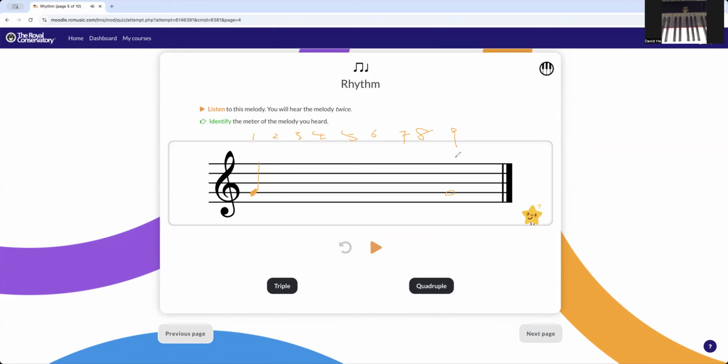So at least the first one and the last one are the same. They are G. The second one is what? It is also G. And there is a dot in here.